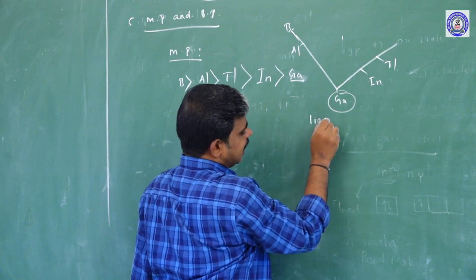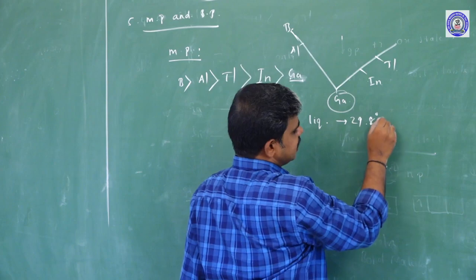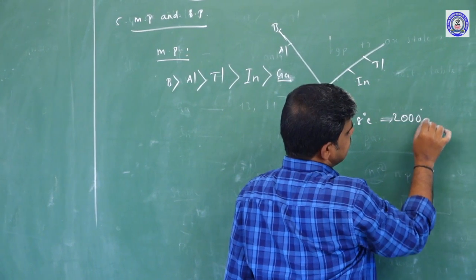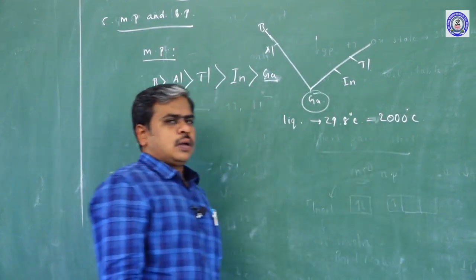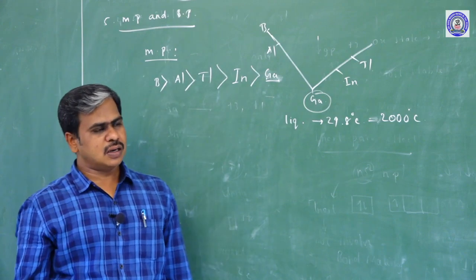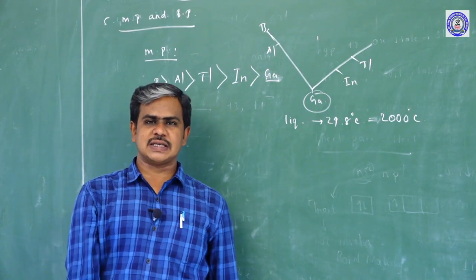It is a liquid from 29.8 degrees Celsius to 2000 degrees Celsius. So it exists as a liquid in summer. In winter, below 29.8 degrees Celsius, it will exist as a solid.